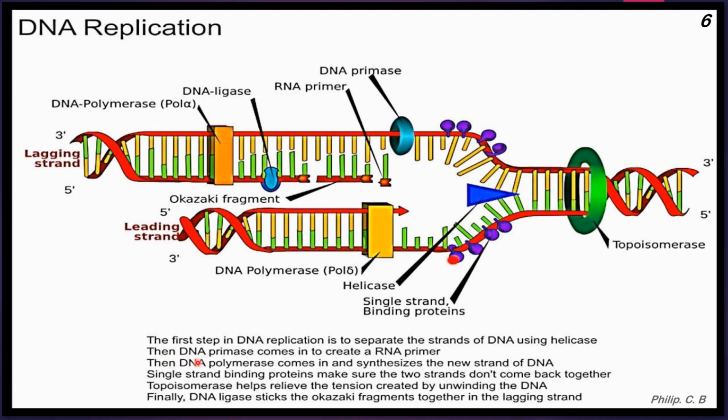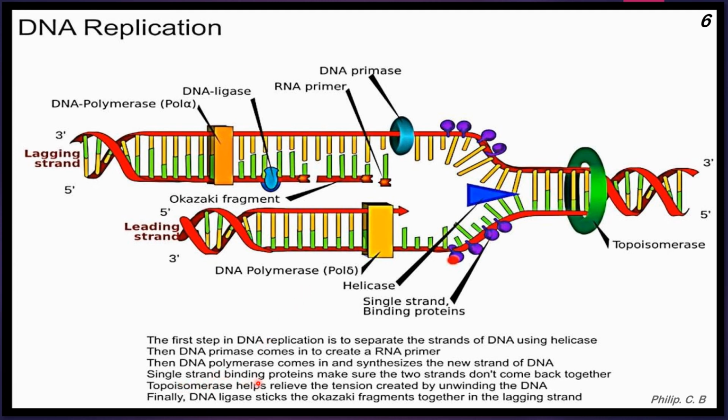Further, DNA primase comes in to create an RNA primer, which you can see over here. Then the DNA polymerase comes in and synthesizes the new strand of DNA. So here you can see the synthesis taking place by the DNA polymerase. You can see in both these strands the DNA polymerase helps to synthesize.